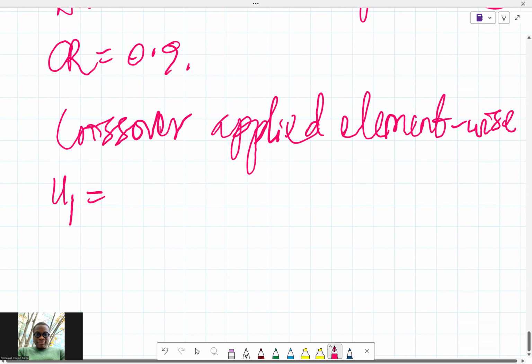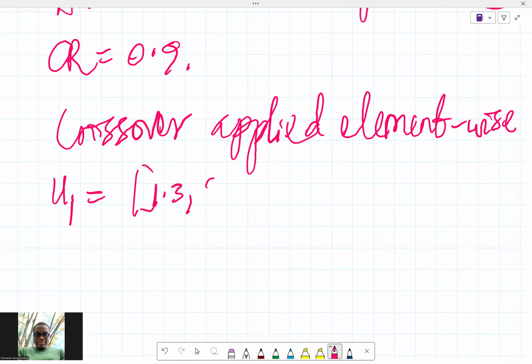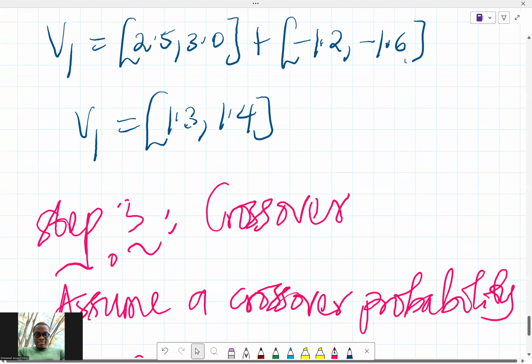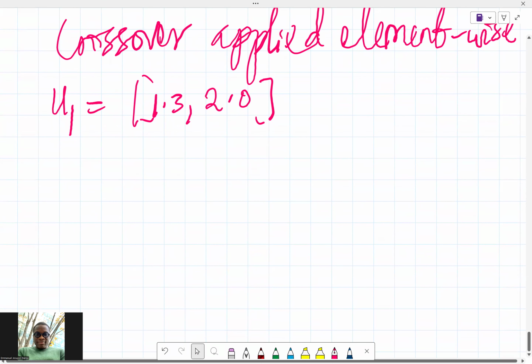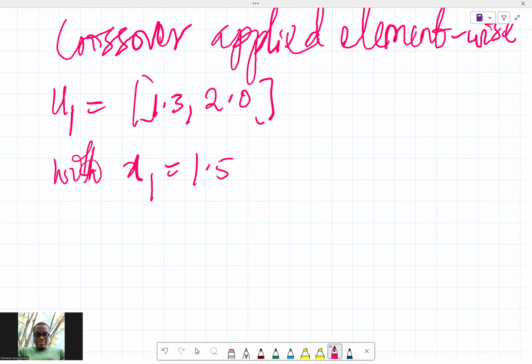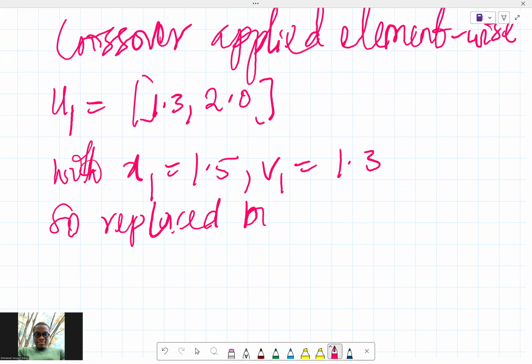This is a trial vector now. U1 equals 1.3, 2.0 from where we are coming from. This is with x1 equal to 1.5 and v1 equal to 1.3. So replaced, but now x2 is 2.0 and remains unchanged.